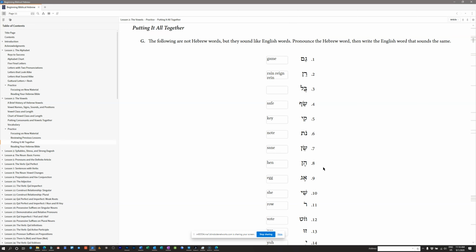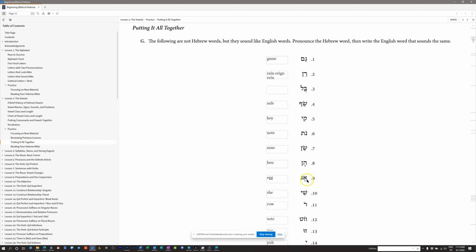One reason why this is so frustrating is that different English speakers in different locations are going to pronounce the same English word differently. For example, here, egg. Well, in the Midwest, a lot of people say it with a sere, like the long A, egg.